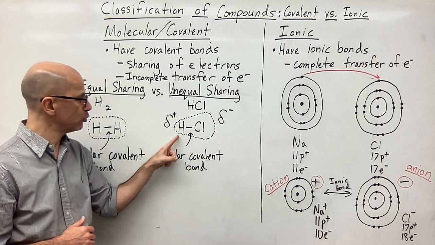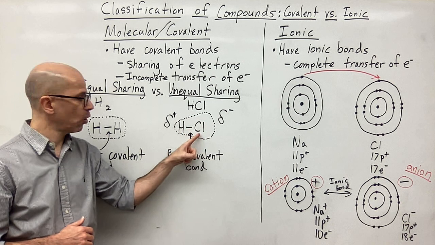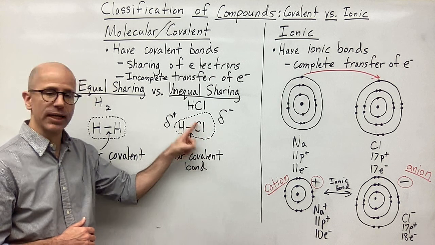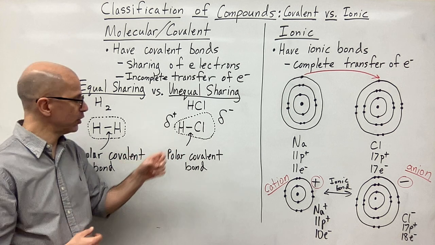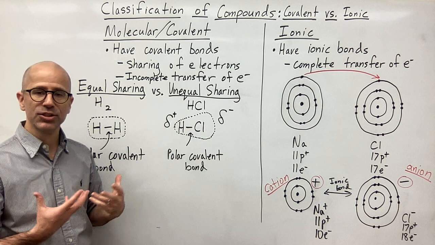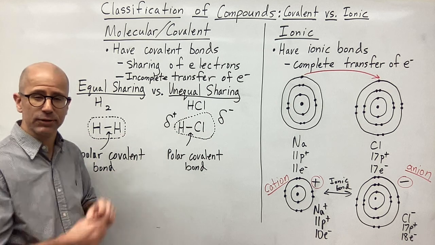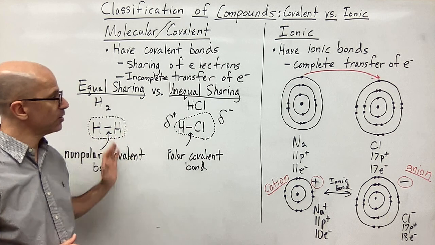The positive nucleus of the hydrogen and the positive nucleus of the chlorine are attracted to the electrons that are being shared. The negative electrons are attracting both together. So the electrons in the covalent bond act as kind of a glue. So there are attractive forces going on there. So that's how the bonds are created.